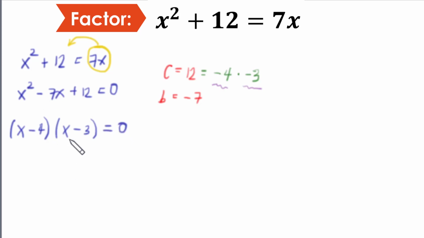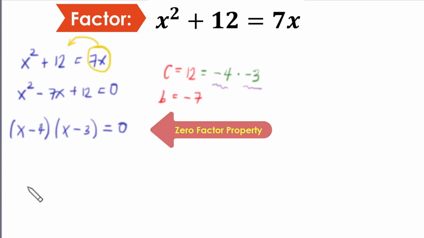Okay, so the next thing we need to do is to apply the zero factor property. Again, zero factor property states that A and B, so let's say this is your A, this is your B, that is equal to 0 if one of your factors, either A or B, is equal to 0 or both your factors are equal to 0.